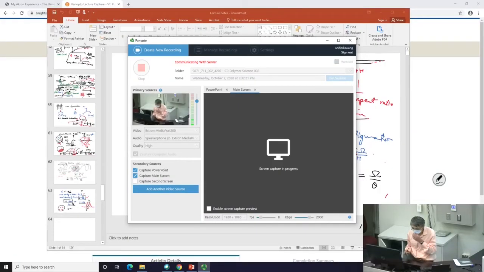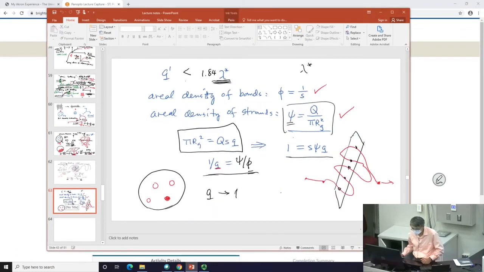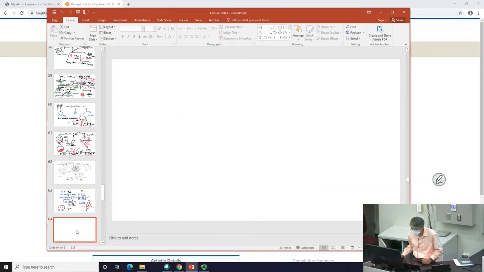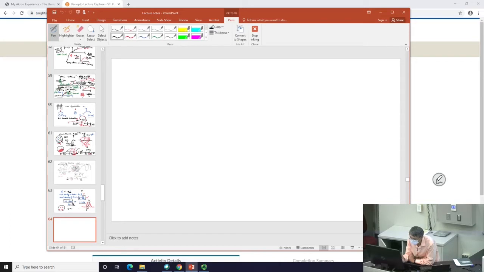Let me do a little bit of a review, because last time we got a little bit stuck on this point, but I still want to drive home this basic concept of geometric condensation. Geometric condensation is just a way to recognize that the chain comes as a coil.